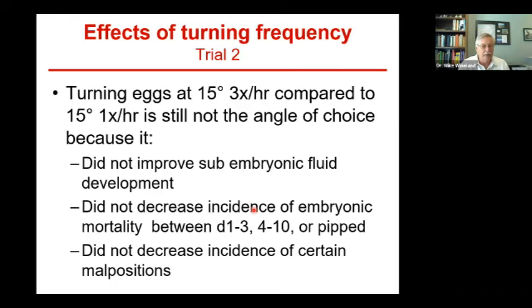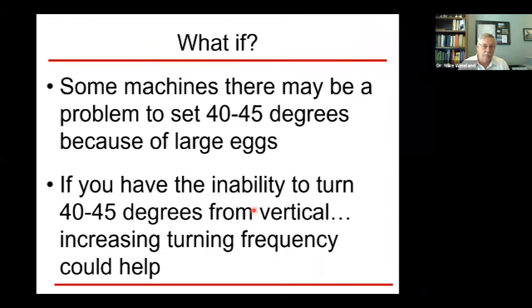And it did not really decrease the incidence of certain malpositions enough. So what one could say is, what happens when your eggs aren't capable of being turned 40 to 45 degrees because maybe the eggs are large, maybe it's some mechanical problem with your machine.